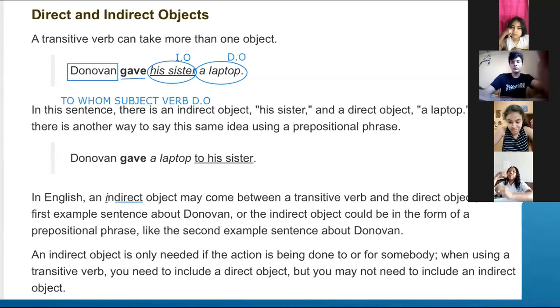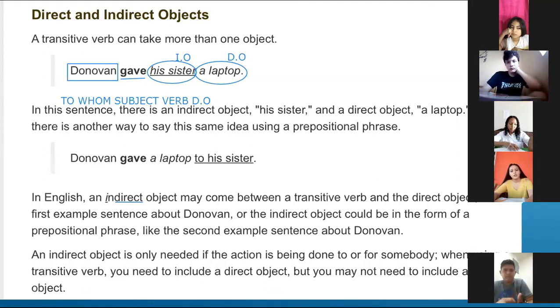Yes or no? If we don't have an indirect object, can we still have a transitive verb? Yes, of course.